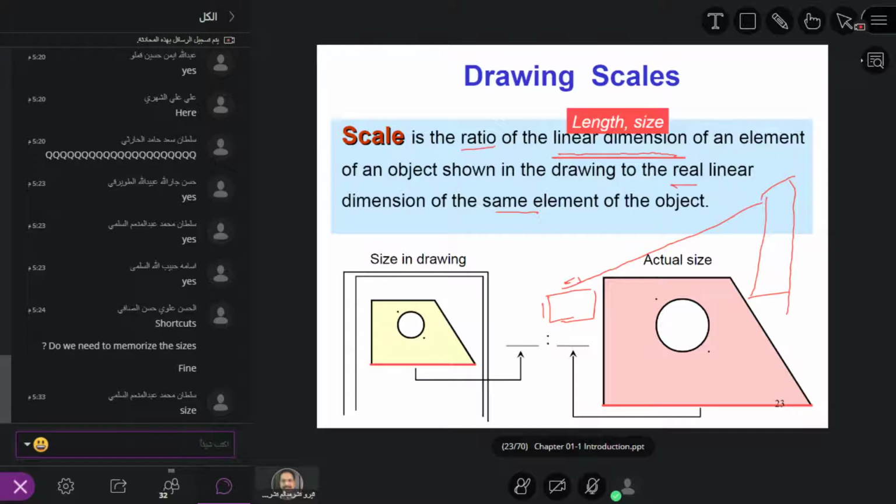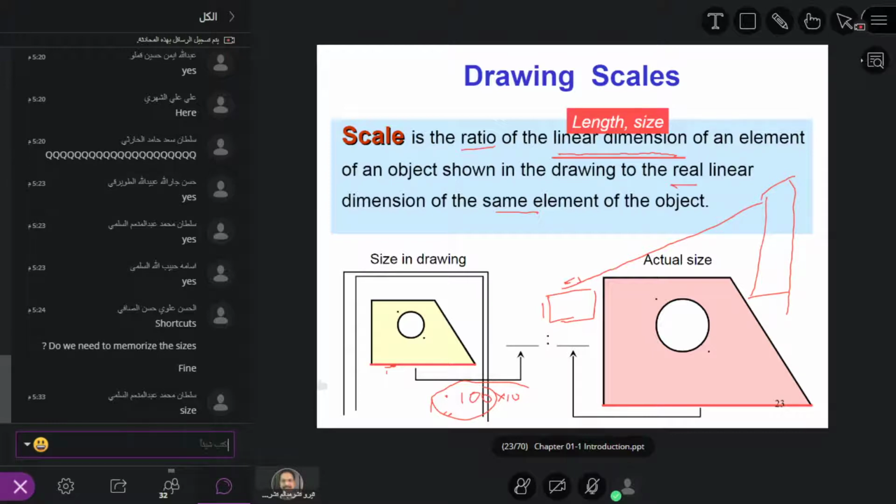That's why when you check the map, they normally give the scale 1:100,000. This is the scale for a map. That means in the paper, 1 millimeter in the actual scale represents maybe 100 kilometers or maybe more.